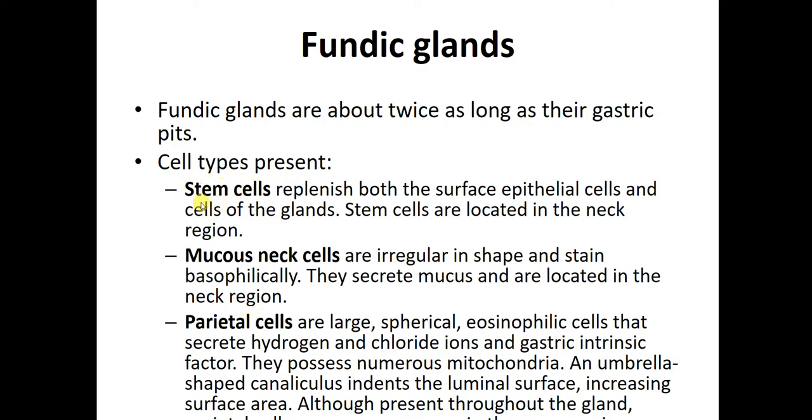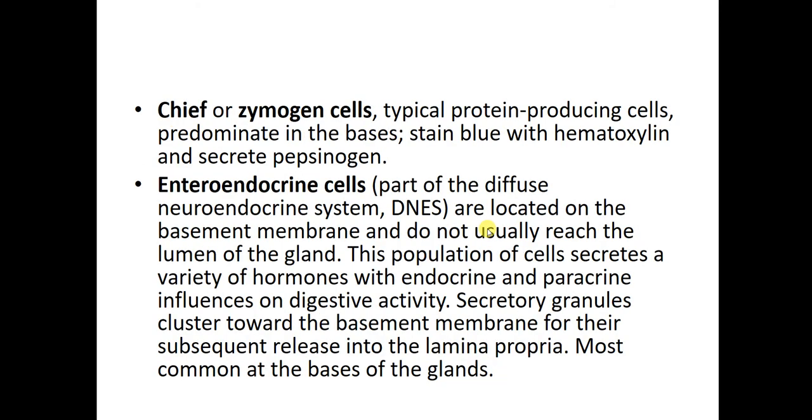Stem cells are not specific, but they're pronounced, and from them different types of epithelial cells arise. Because a very aggressive medium is produced here, a lot of cells suddenly die. Then we need cells to replace them, and these are located in the neck region and gradually replace the dead cells.